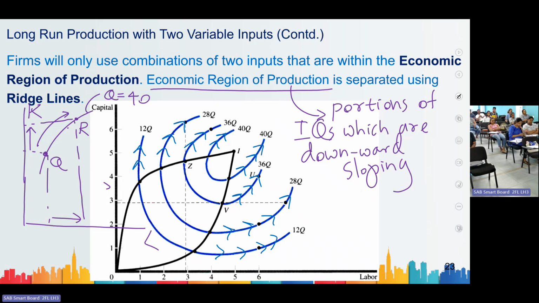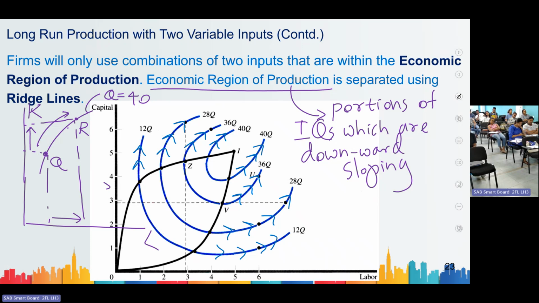In downward sloping portions of isoquants, when moving from one point to another, one input should be decreased and the other input should be increased. That is fine. But here, to move from one point to another, both inputs should be increased. So if you are a producer, do you operate in upward sloping portions?